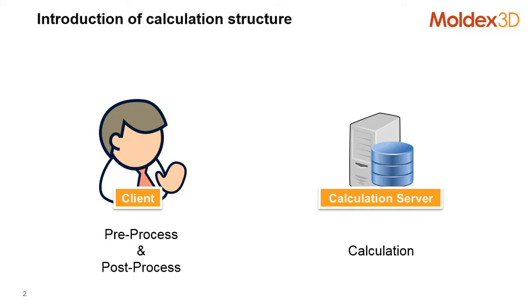That's what we do in the client, and you also read the result with the Modex 3D software. So the client is basically the place where we set up the project and read the result. And the calculation server only does the calculation. So this is the definition, and later on we can give you more idea about the calculation methods.